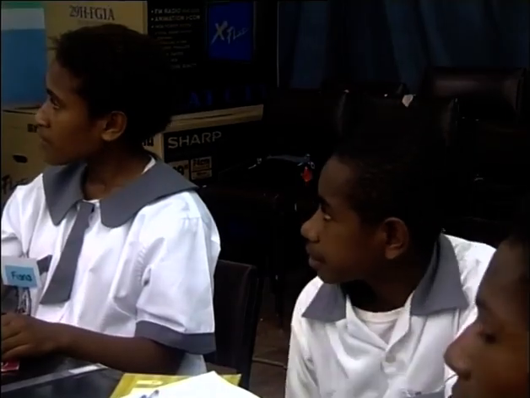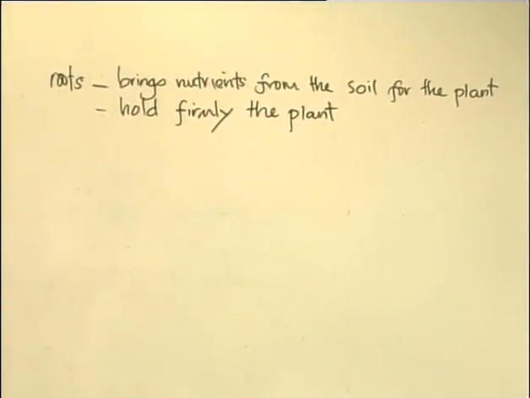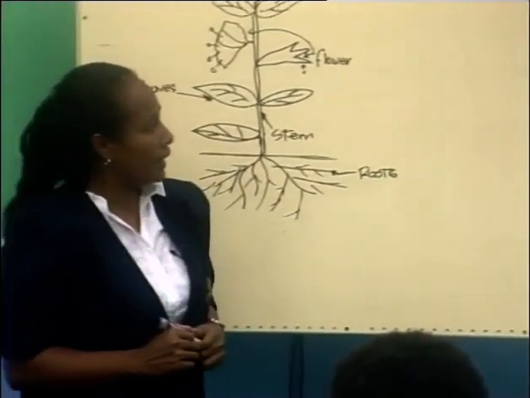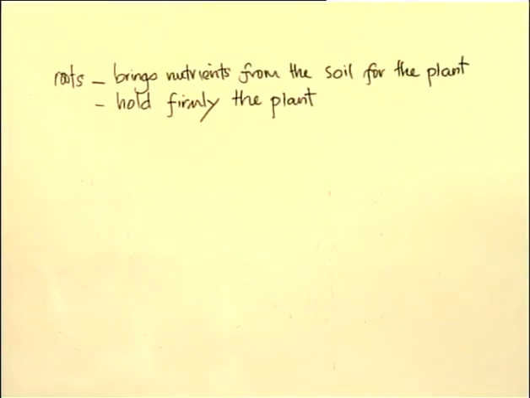It refers to the first answer that we have: gets food for the plant from the soil. Okay, good. Let's have a look at what I've got for the function of roots. We will go through the function of the roots when we finish all the parts. I'm sorry, let's go on to the next one.